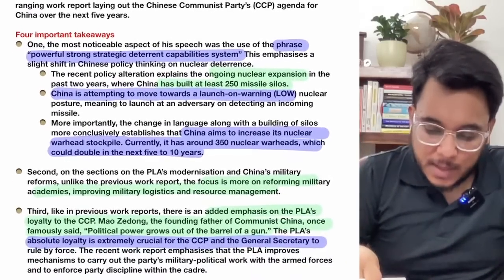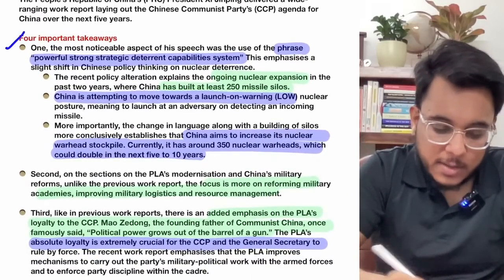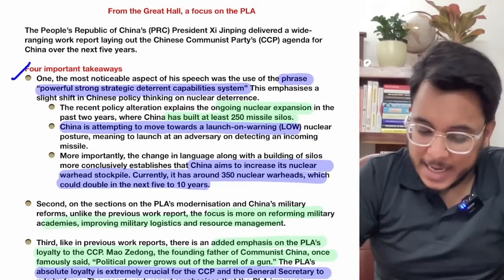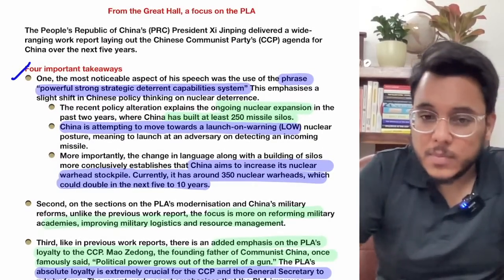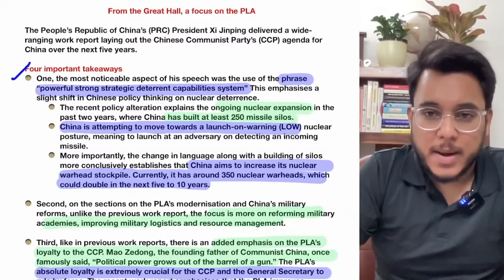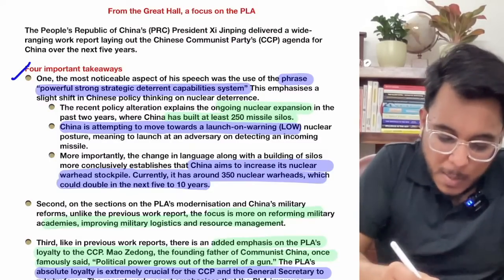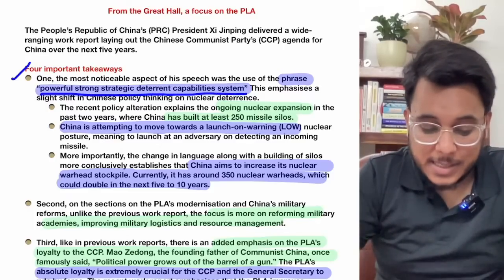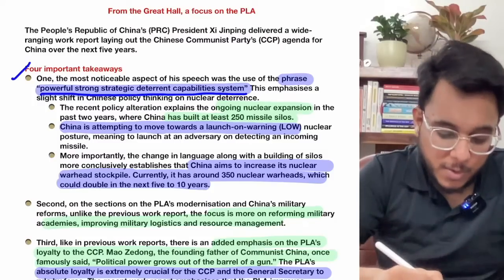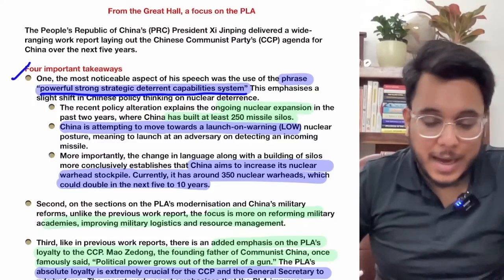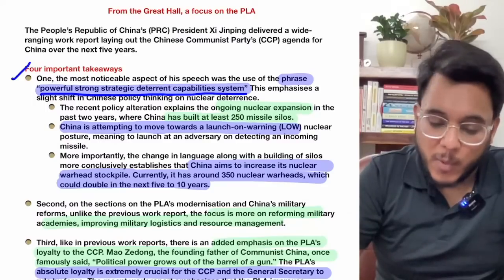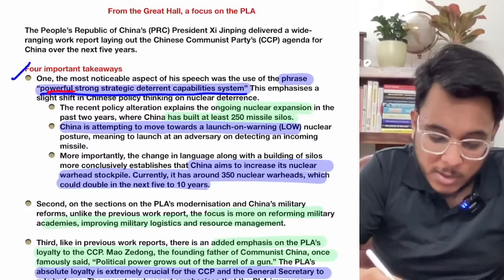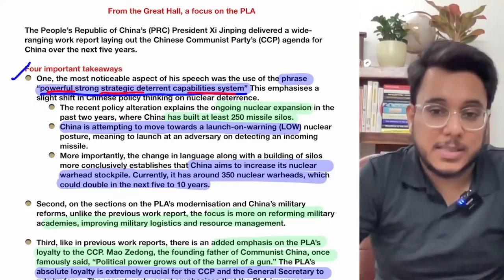So basically guys, in this National Congress of the Communist Party of China, there are certain takeaways. Number one, Xi Jinping has used the phrase that the strong strategic deterrent capabilities system has to be expanded. Now this line is very important, so we'll read it again. It has provided that China will try to enhance the powerful strong strategic deterrent capabilities system.